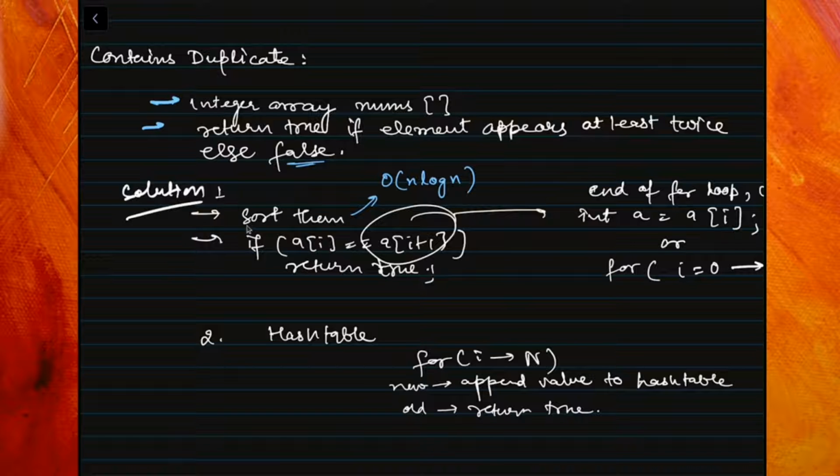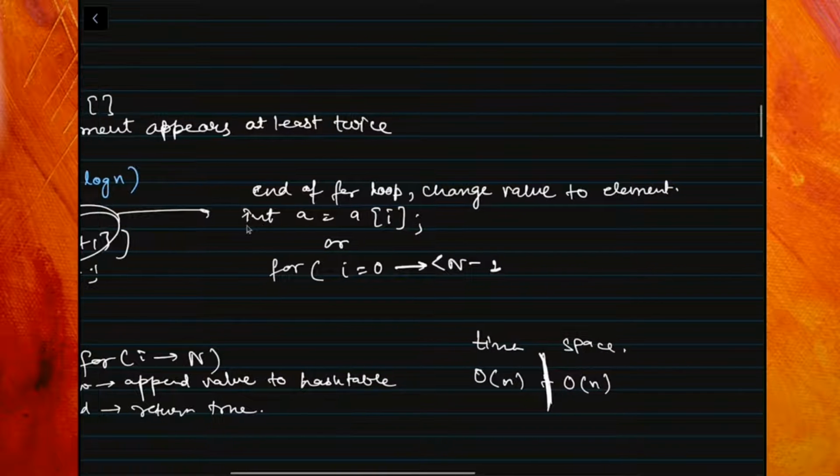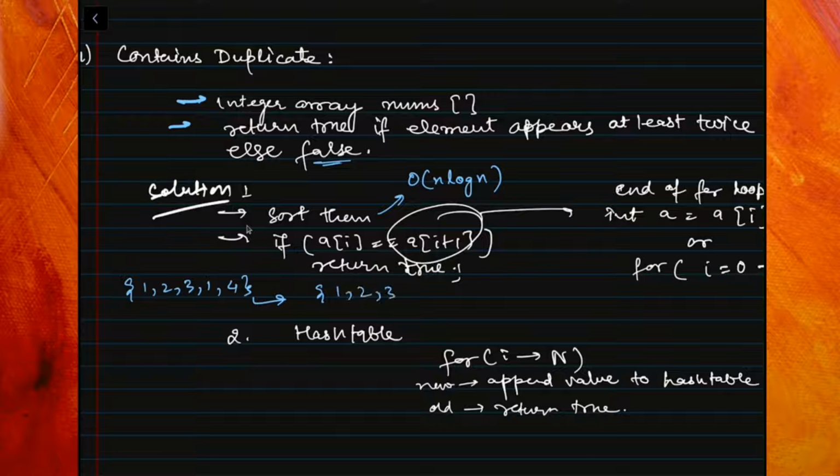Each element that is repeated would be next to its duplicate. Let's take an example, 1 2 3 1 4. If we sort this, we would get 1 1 2 3 4, and 1 is twice.